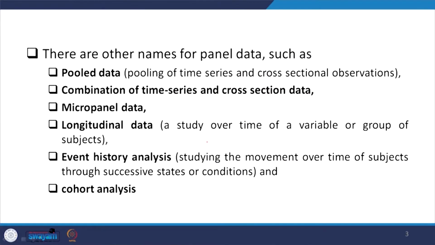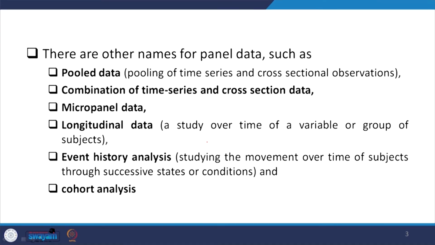Now, there are other names of panel data as well. Those are called pooled data, basically pooling up time series and cross sectional observations, and we will clarify all those in our successive slides. Then this is also called a combination of time series and cross sectional data. Micro panel data, we are going to clarify whether micro or macro. Longitudinal data.